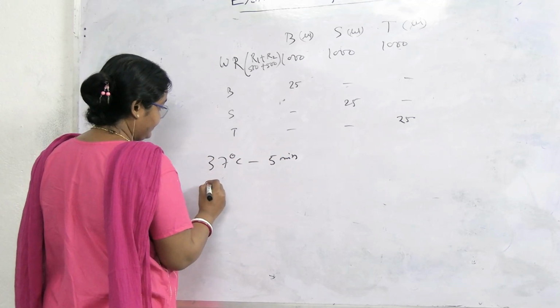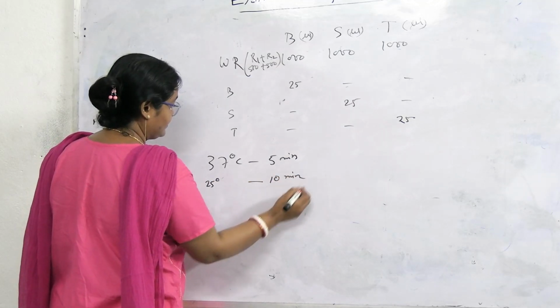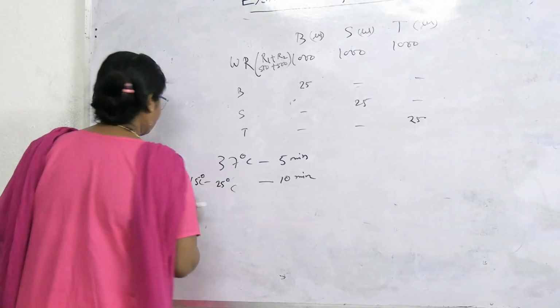If it's 15 to 25 degrees centigrade, 25 degrees also you can say, so if it's room temperature, it is 10 minutes. If it's in a water bath at 37 degrees centigrade, it's 5 minutes. So you will calculate. This is the procedure.